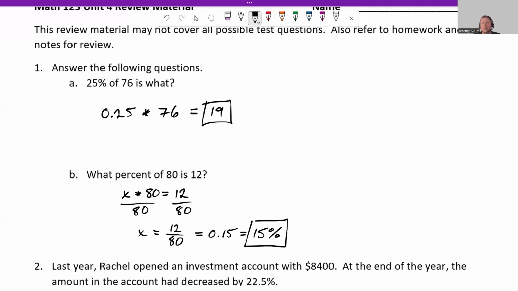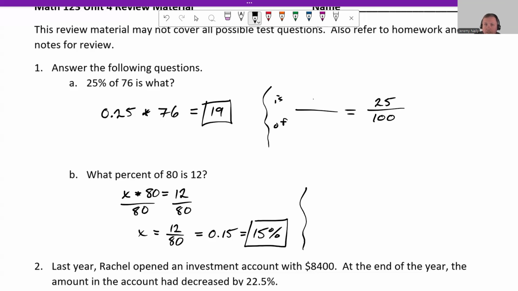Now, I did show you another way using proportion. So if you want to see what the setup for the proportion version looks like for each of these. For the first one, if we set up the proportion, you get 100, and then 25%. Well, the 25 goes over 100, and then it's is over of.